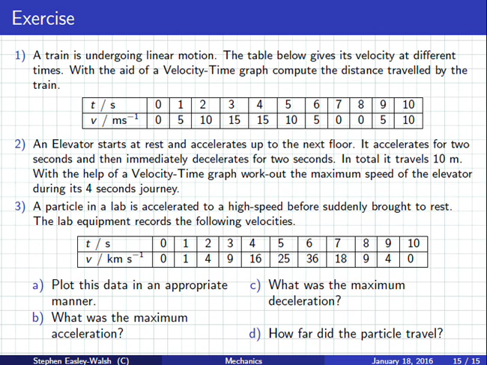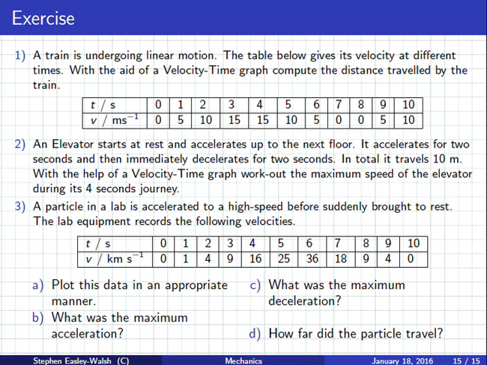Yeah? Okay, the next part is the acceleration, which is here. So there's a quick way to calculate acceleration. If you have a line on a graph, the slope is equal to this divided by this.